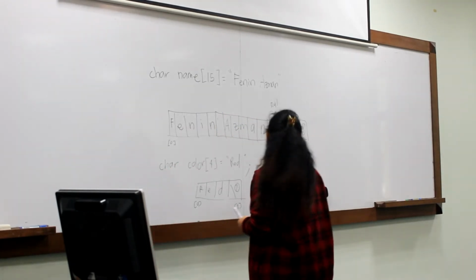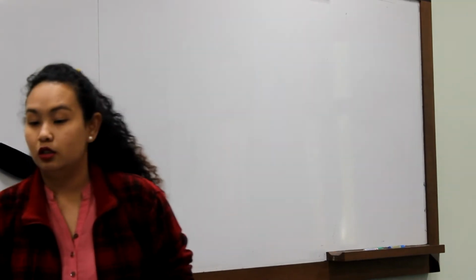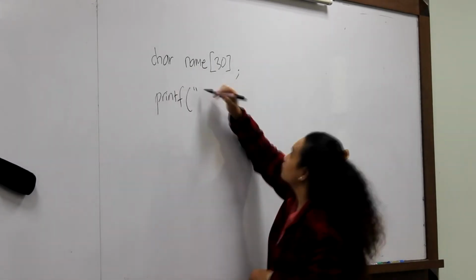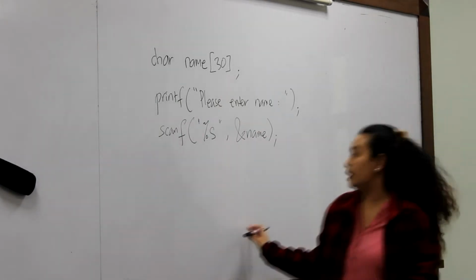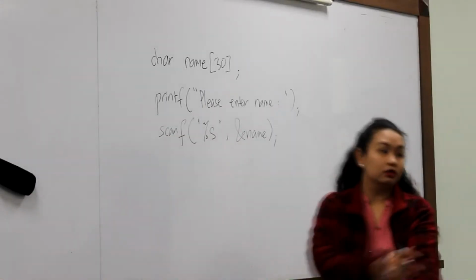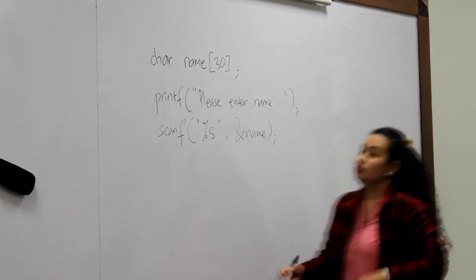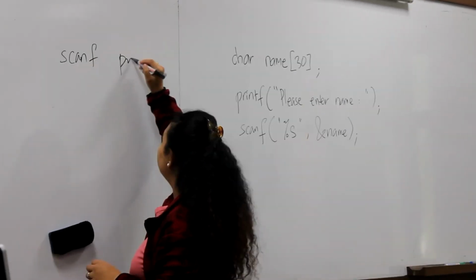Now, what do you do to get input from the user? scanf. So I will touch on scanf and printf first, and then, since we've done getchar and putchar, I will touch on gets and puts. It's exactly the same as your integer and your character. So scanf, printf.